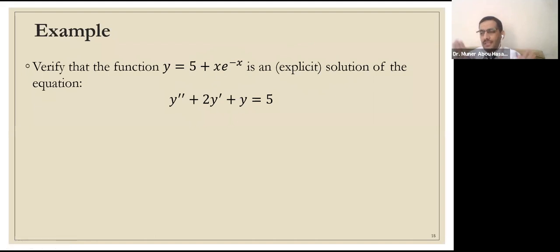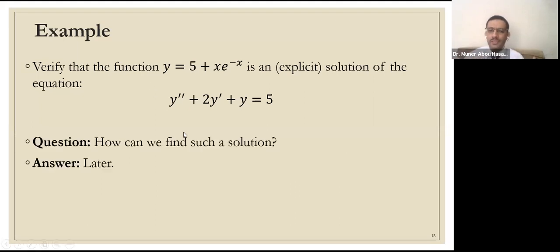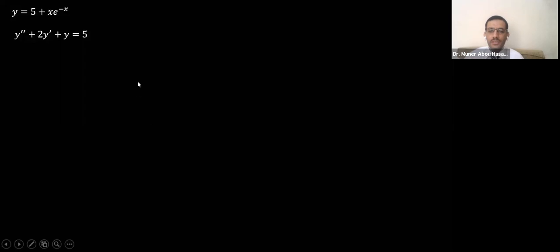So you have y explicitly on the left-hand side and all terms on the right-hand side with x and no y. This is the explicit solution. The implicit I'm going to explain in the coming slides. Now, how to find this solution? Today we can't know, maybe after 7 lectures. Now let me check with you that this function is really a solution for the given differential equation.